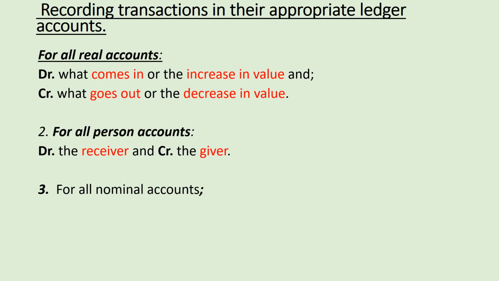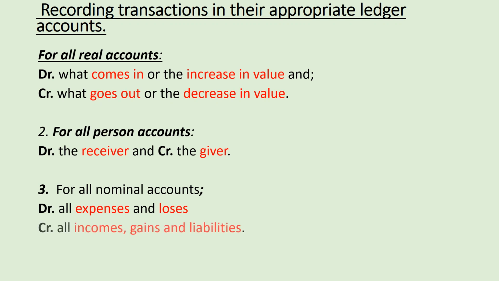So remember, nominal accounts normally can be broken down into two: expenses and losses versus gains, incomes, and the likes. So nominal accounts, you can see them to be of two types which have different behaviors. For expenses and losses, you debit. Then for incomes, gains, liabilities, you credit. It might be difficult for you to wrap your head around this, but you can take it as that's how nominal accounts behave. You debit expenses and losses, and you credit incomes, gains, and liabilities.